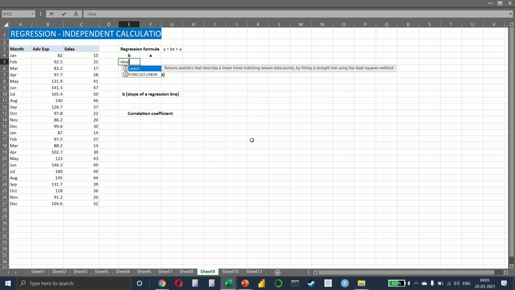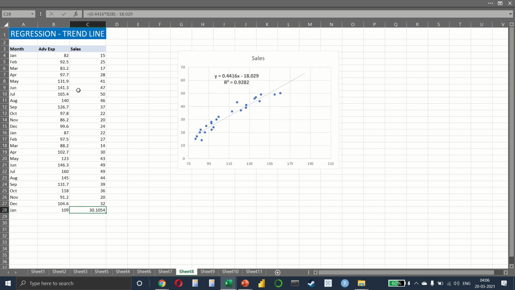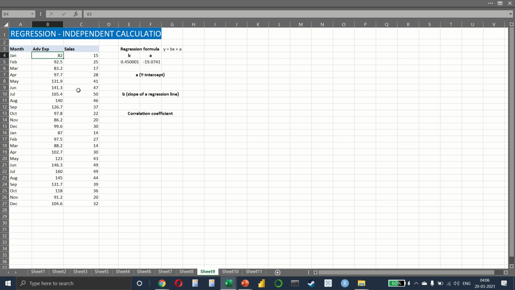So we write LINEST, which is a linear trend. And all you have to do here is select sales and advertising expenditure, and we get two values. The numbers are not the same as this because the values are not the same. Let me just copy paste that. So we get the same number that we got earlier.